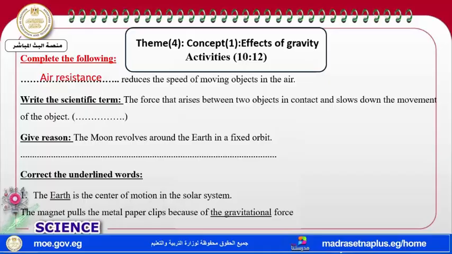Scientific term: the force that arises between two objects in contact and slows down the movement. Of course, it's friction force. The reason the moon revolves around the earth is due to the gravity of what?